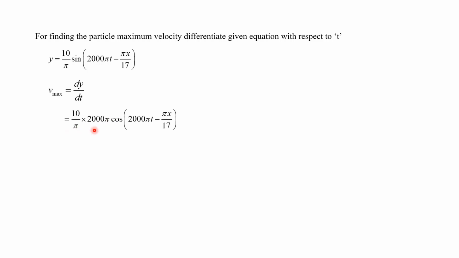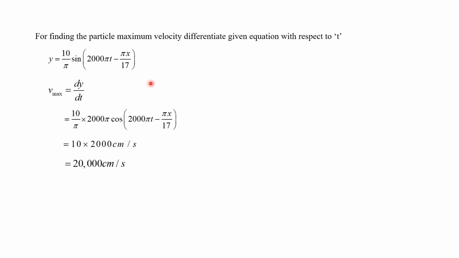Cancel pi and multiply these two, and we end up with 20,000 centimeter per second. This is the maximum velocity that the particle is executing in that medium.